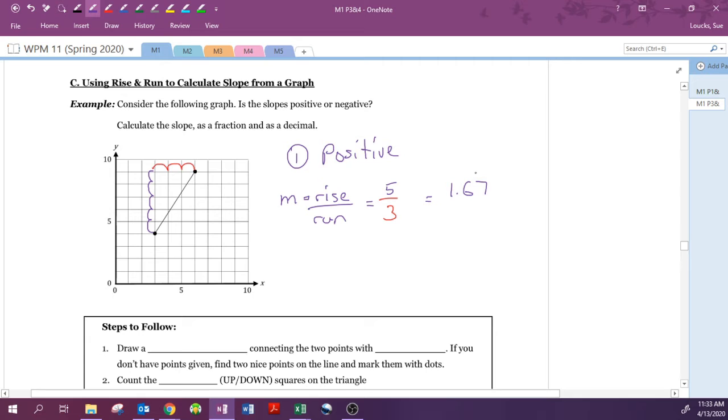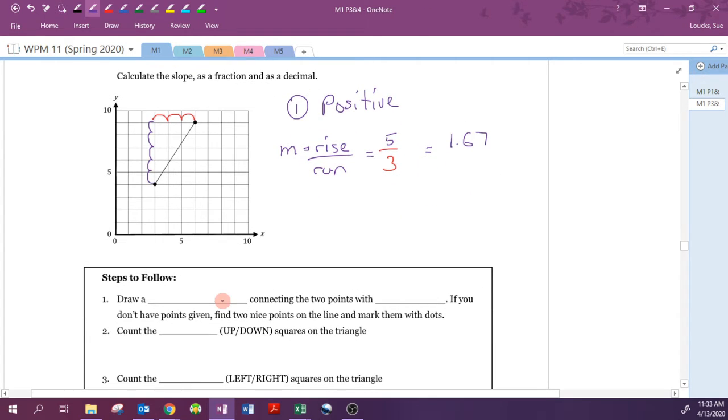All right, so the steps to follow are you draw a triangle, which I didn't do, so I'll do that now. You draw a triangle connecting the 2 points, okay? With arrows.